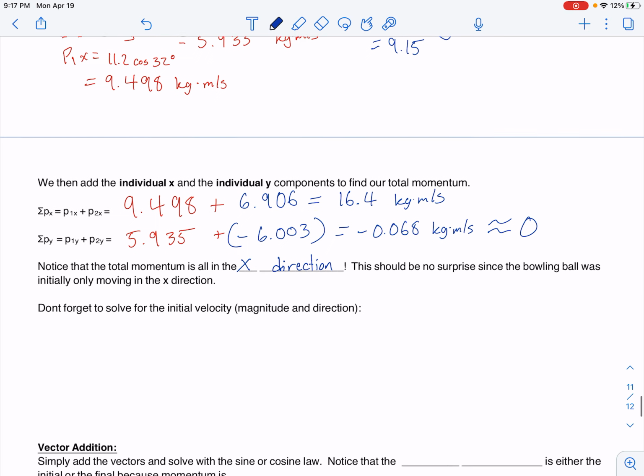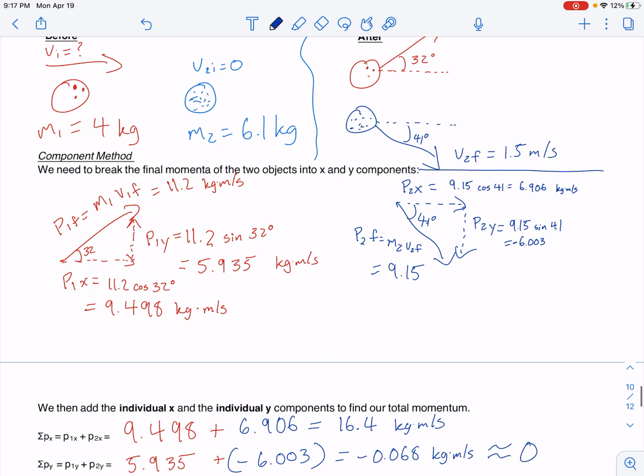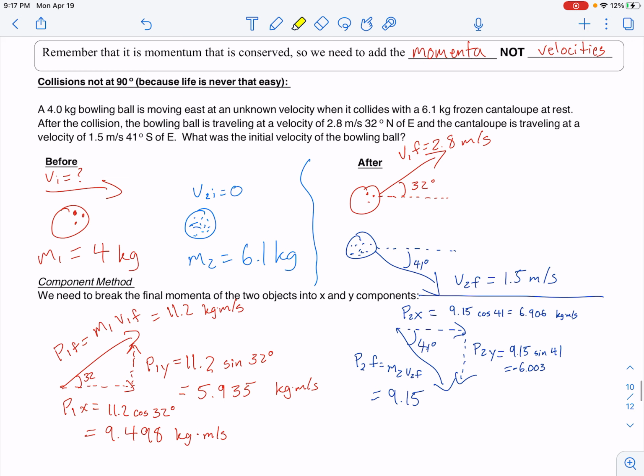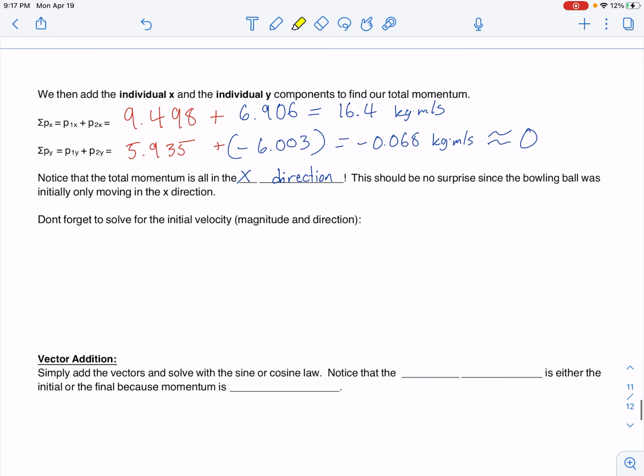Now, once again, we're not done. If we go back to the initial problem, we're looking for the initial velocity of the bowling ball. We haven't found that yet. All we found is our total momentums. So we know that our initial momentum is going to be equal to our momentum in the x direction.